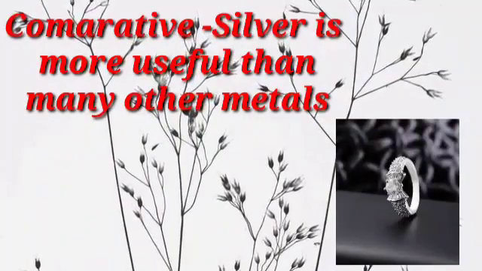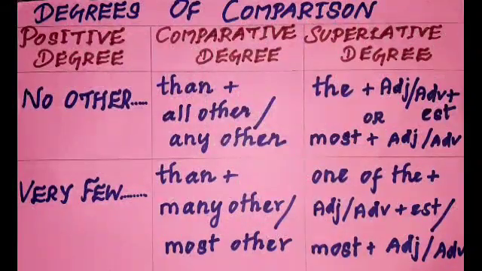So two points and two rules are there while transferring sentences from one degree to the other. If we follow these rules, definitely without altering the meaning of the sentence, we can transform sentences into different degrees of comparison. If no other is given in positive degree, we have to use any other in comparative degree and the plus adjective in the superlative form.